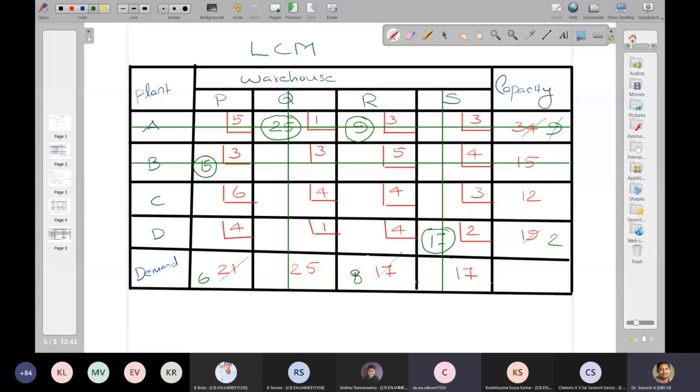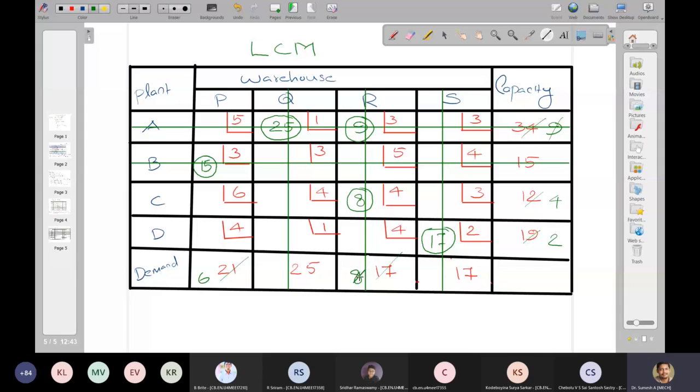So how much can I allocate? I can allocate all 8 over there. So the balance will become 4. So what gets eliminated from my problem? The R column will get eliminated.